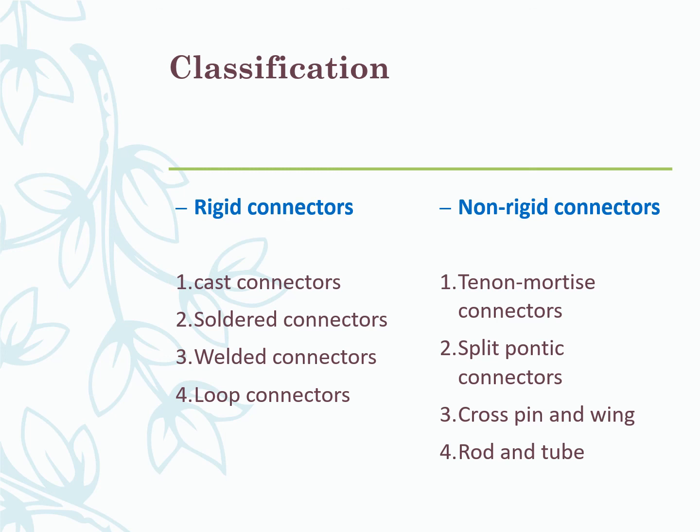The non-rigid connectors are tenon mortise connectors, split pontic connectors, cross pin and wing connectors, and rod and tube connectors. You might not have to look at them in detail, but you must be aware of the different names of the connectors.